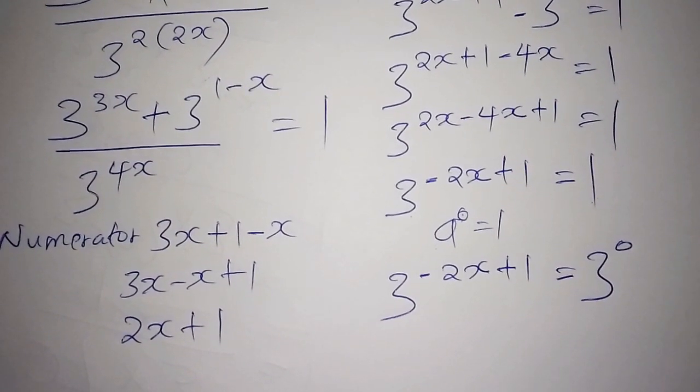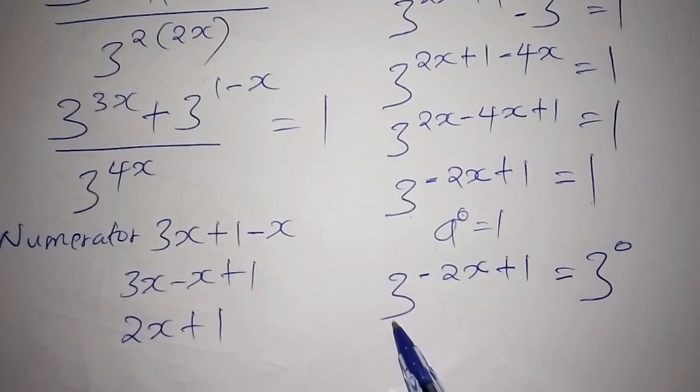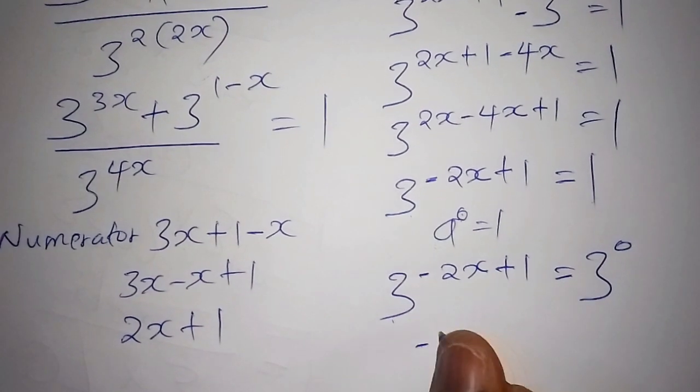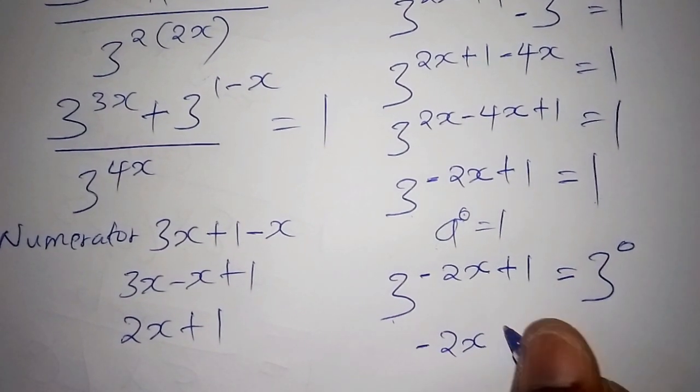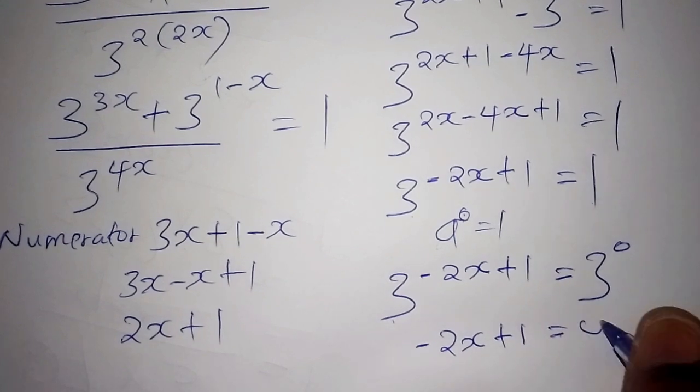So what do we do in our next step? In our next step, we shall now abandon the powers, since this one is power 3 and this one is power 3. So we shall have minus 2x then plus 1 is equals to 0.